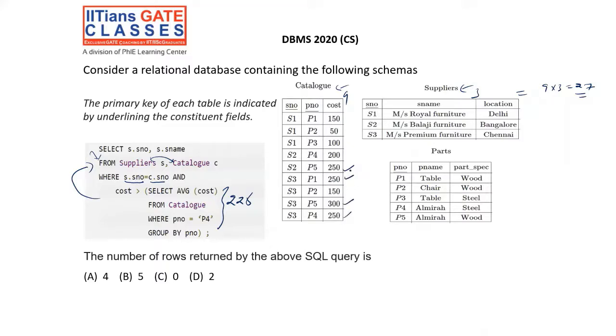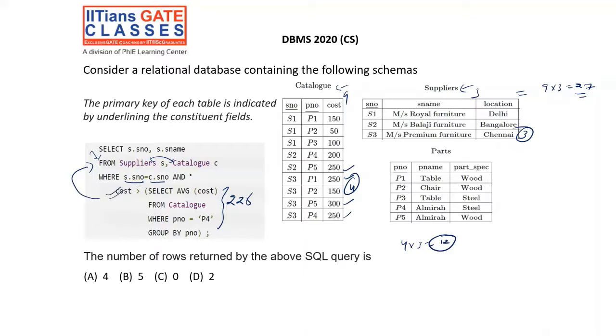These four tuples have cost greater than 225. So these four tuples and these three tuples, right? Better to take the cross product of these four tuples into three, not all. It is easy to find out the result. So 12 tuples will be there, 4 into 3, 12 tuples will come after the cross product after applying this condition.